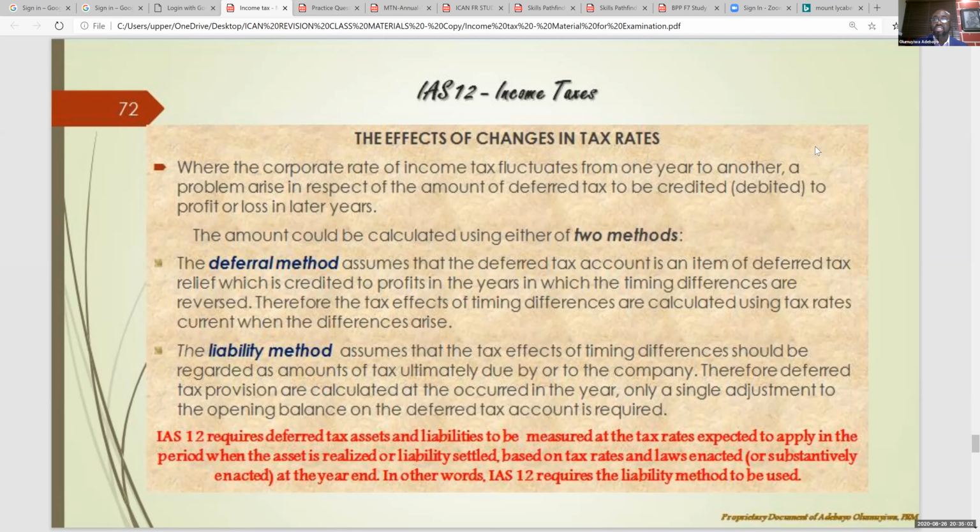And that is the same thing I've explained to us, which means at every point in time, we must take note that the only method accepted by the requirement of IAS 12 is the liability method. Any question?